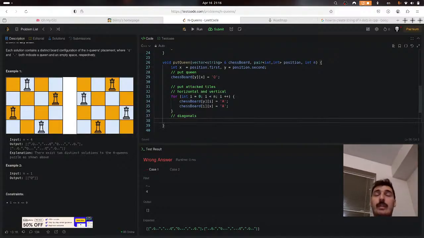Now the diagonals. How do we do that? We have x and y, and we need to go along the diagonals, right?